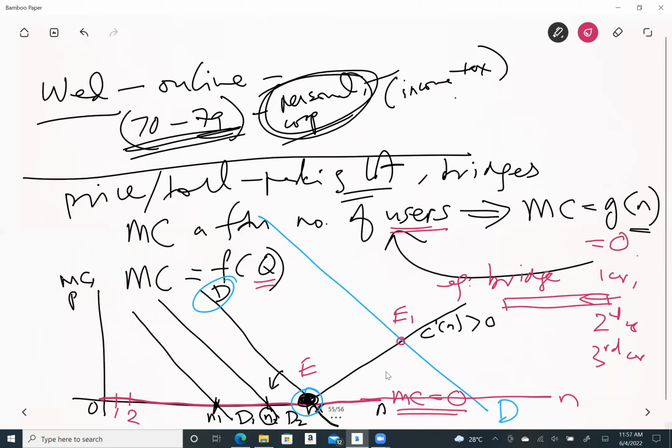At E1, of course, the number of users has increased from N star to N3. So the number of users has gone up to N3. Now, what happened at E1 relative to E?